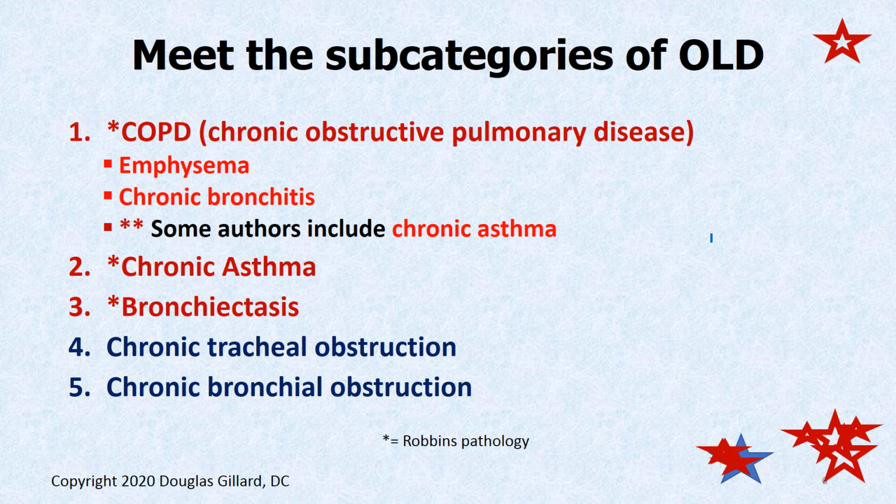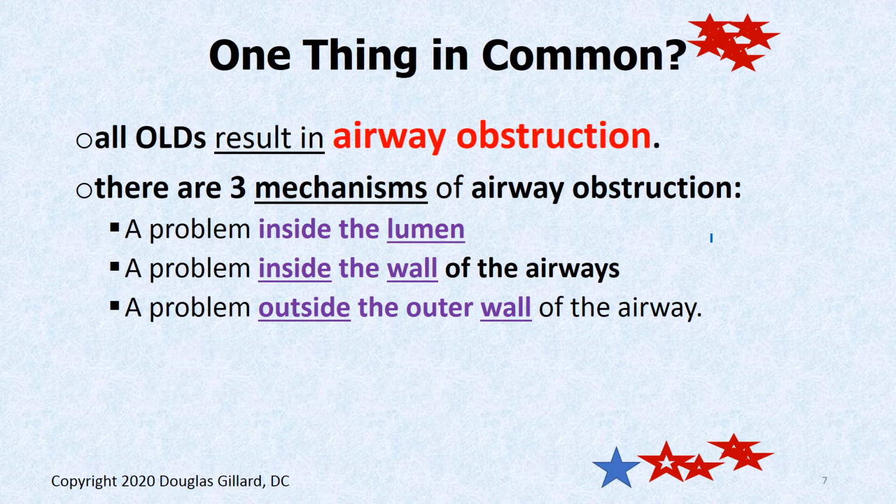If it's Robbins, then emphysema and chronic bronchitis. If it's some of the other big books, then you would add chronic asthma, because they all have similar findings. It can be hard to tell one from the other, and the patients have a little bit of all of those. Some other subcategories: chronic asthma, if it's not included under COPD, bronchiectasis, and some congenital problems like chronic tracheal obstruction and chronic bronchial obstruction. What's one thing that all obstructive lung diseases have in common?